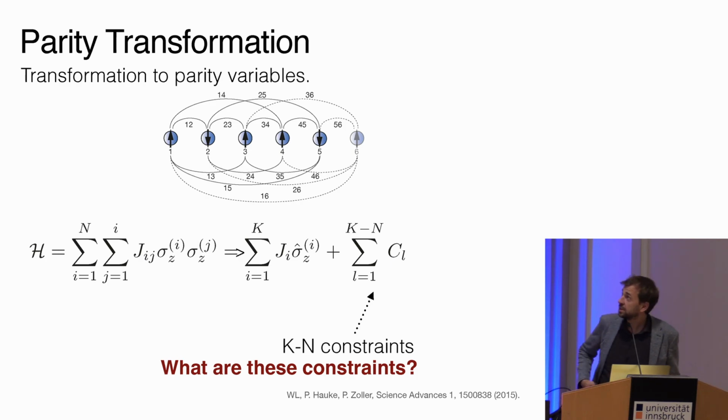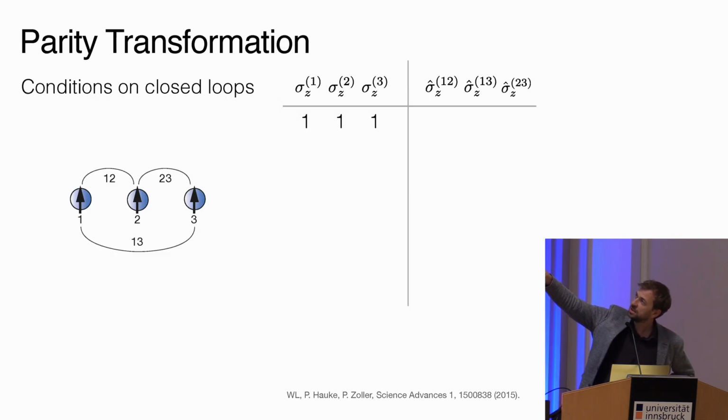Now let's start with the example that we have seen, a QUBO problem, a quadratic problem. This would have a term like this, J sigma z, sigma z. If I now translate this into these new variables, which have the hat on top of it and represent the product of two, here is already most of the magic happening, because we can see that an interacting term has become a local field term.